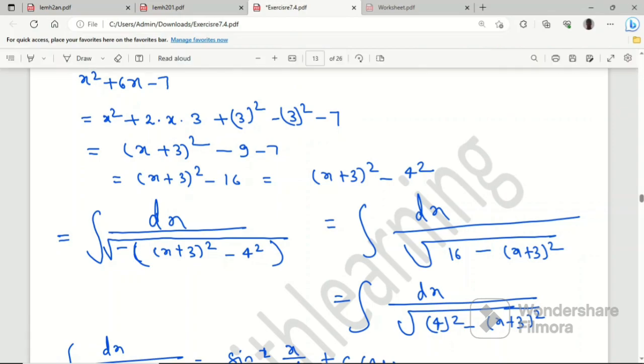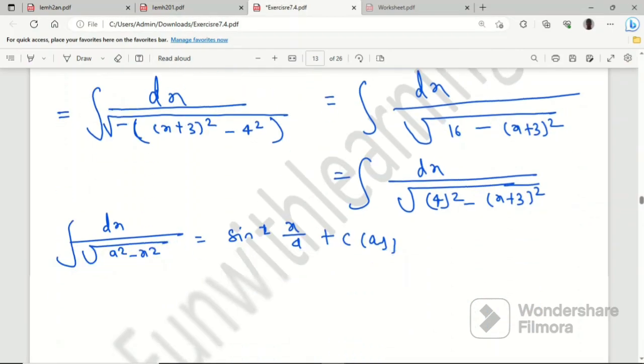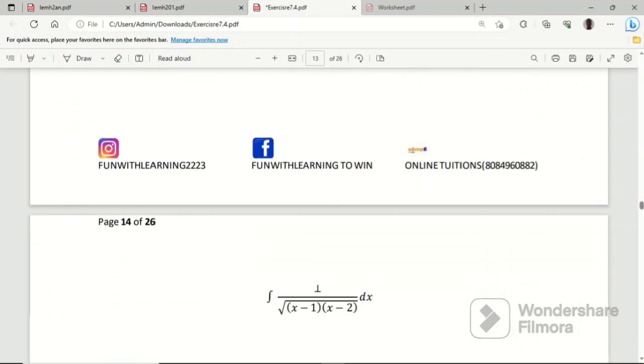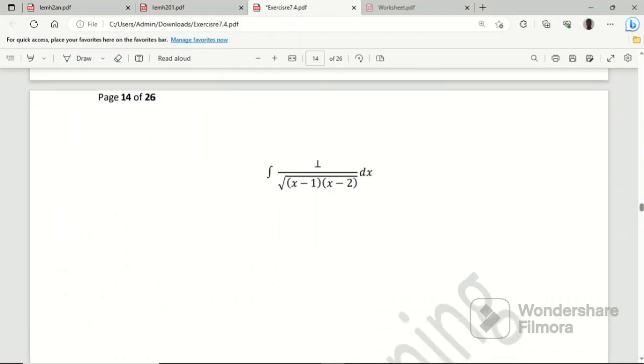Now we can move on to 13th number. So it is 13th number. Here it is in the form of (x minus 1) into (x minus 2). So what we'll do, we'll multiply them, we'll expand them to get some quadratic equation.